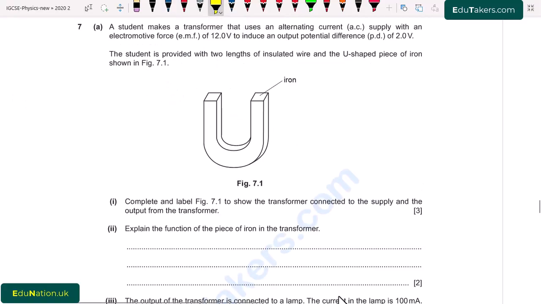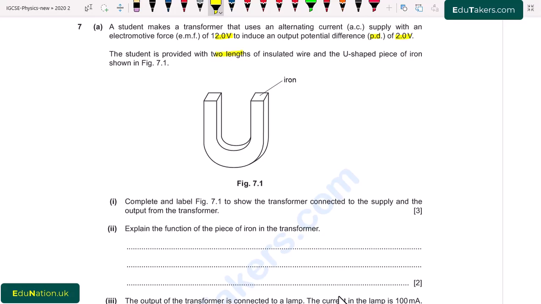Question number 7, part A. A student makes a transformer that uses an alternating current AC supply with an electromotive force EMF of 12.0 volt to induce an output potential difference PD of 2.0 volt.